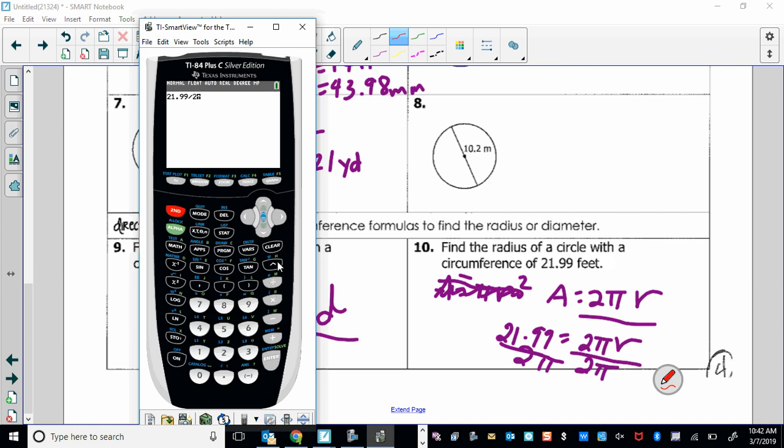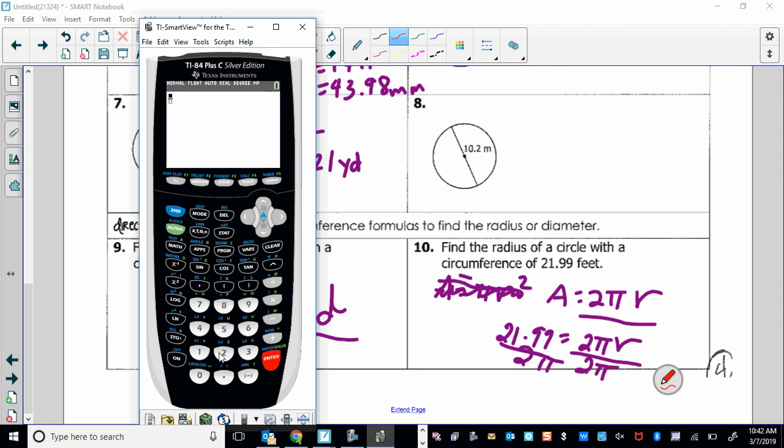This is wrong, okay? Because what the calculator is going to do is divide 21.99 by 2, but then multiply it by pi. So you don't want to do this, okay? That is wrong.